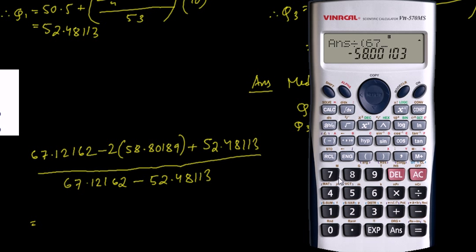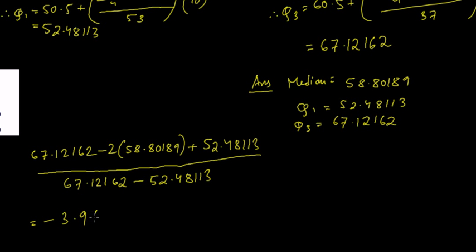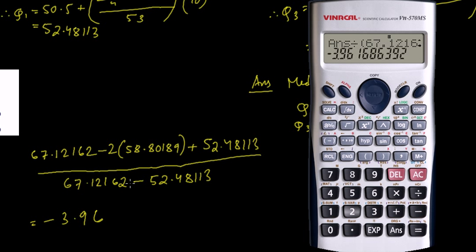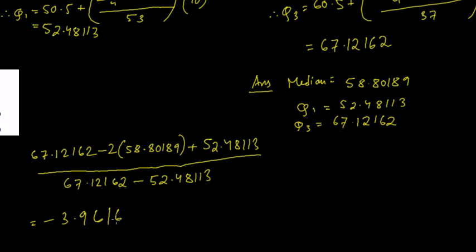So 67.12162 minus 52.48113, bracket closed, equals, this is going to be minus 3.96, 1686.